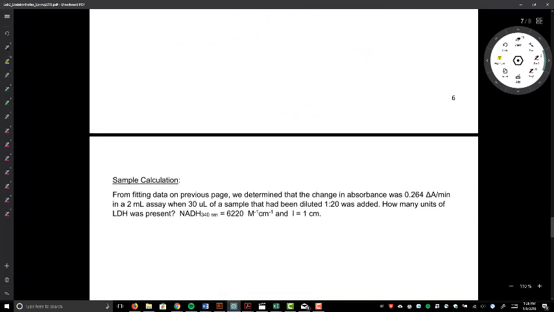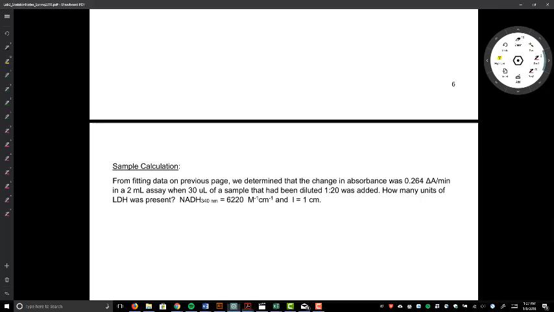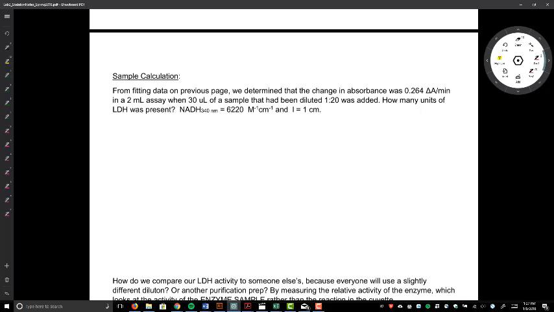All right. So let's try another problem now. So let's take a stab at measuring how many enzyme units are located in a particular enzyme reaction that you've run. So from fitting data on a previous page, you determined that the change in the absorbance was 0.264 absorbance units per minute.